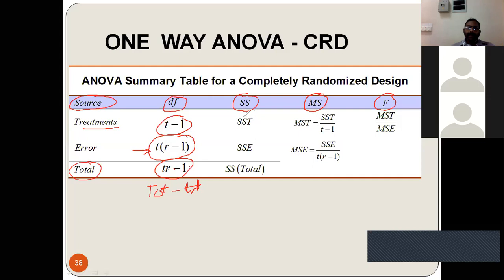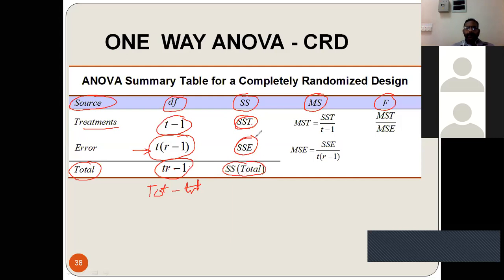Then we have sums of square. We will see how to calculate the sums of square. This is the sums of square for the treatment. SST means sums of square of treatment. SSE means sums of square of error. Write down the abbreviation for SSE. Then we have sums of square of total.